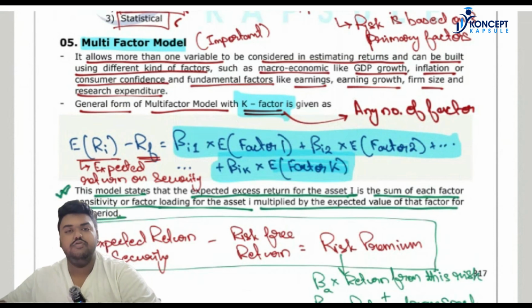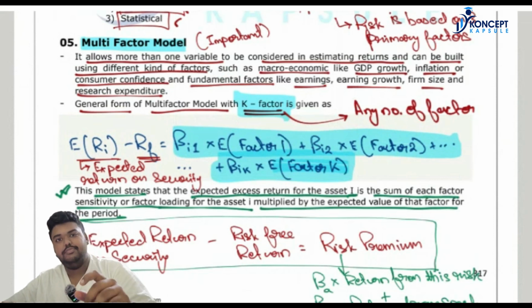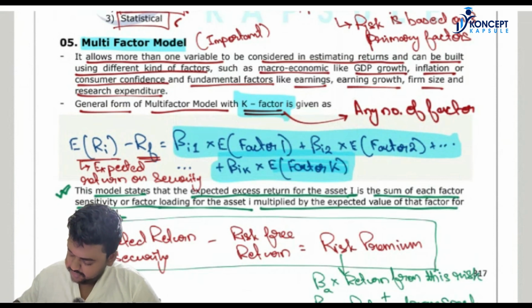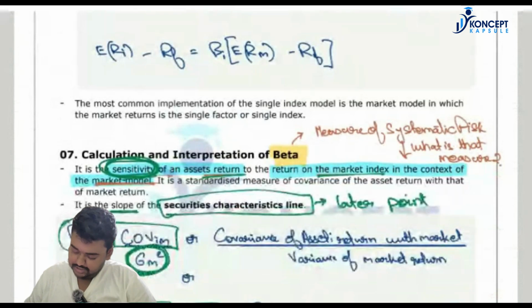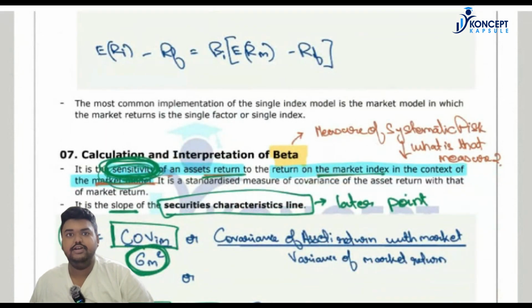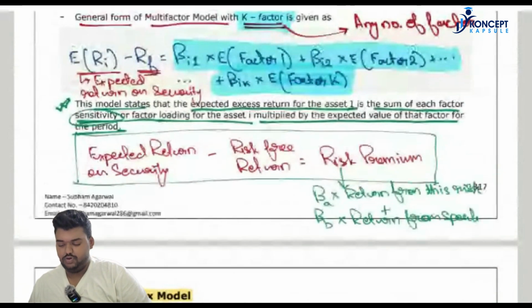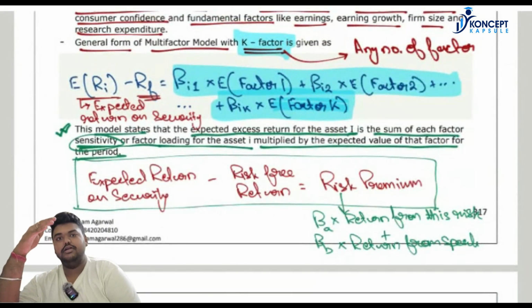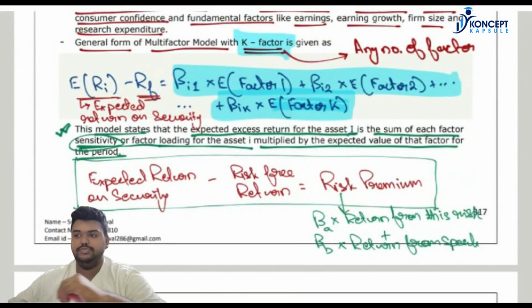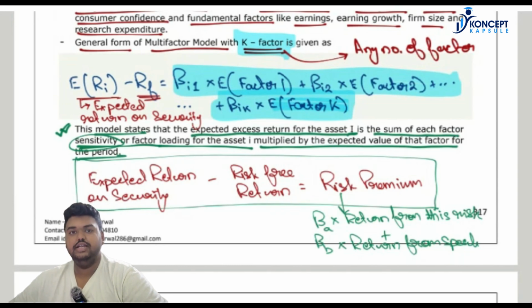This is exactly what we have established, that your risk premium is nothing but the factor sensitivity. What is factor sensitivity, guys? We have seen it in the beta class. Sensitivity is nothing but beta, multiplied by the expected returns that the factor sensitivity is bringing. Guys, are we clear?